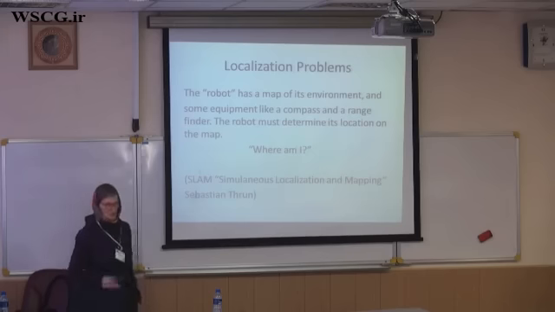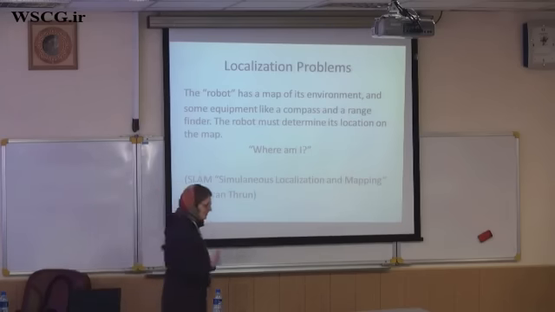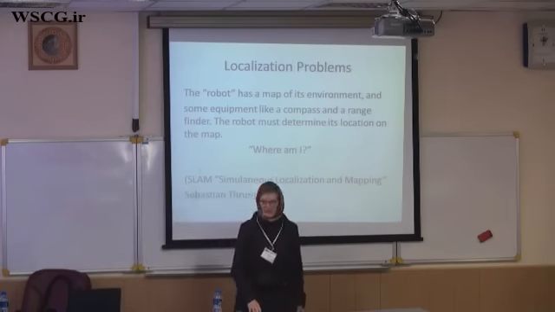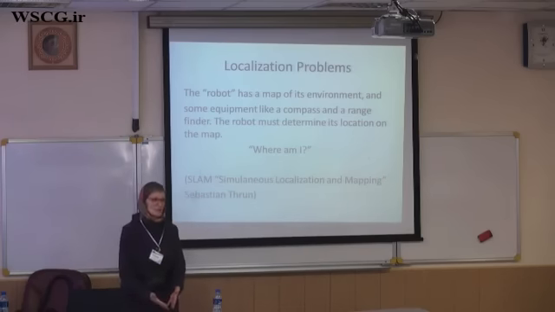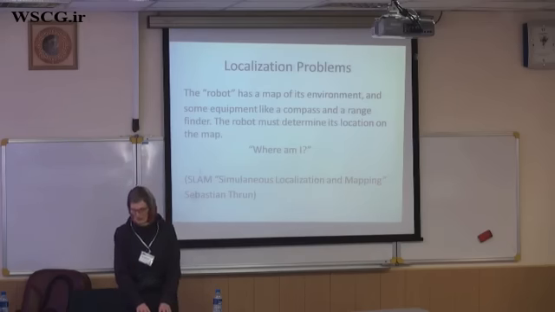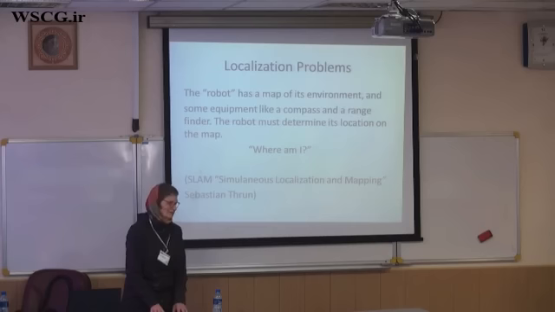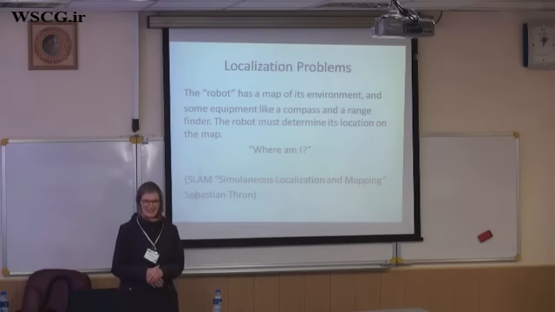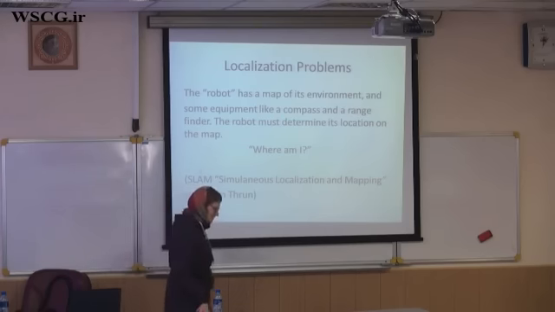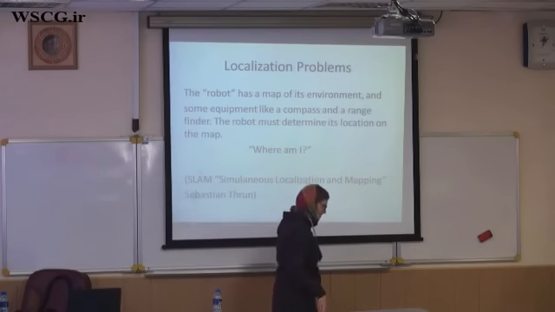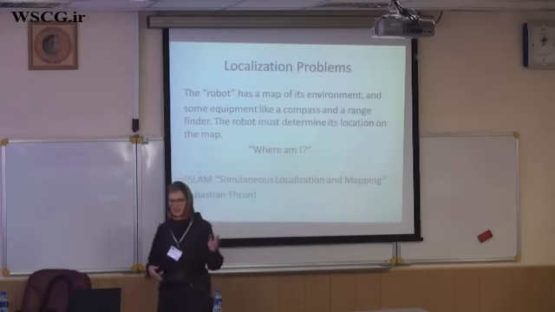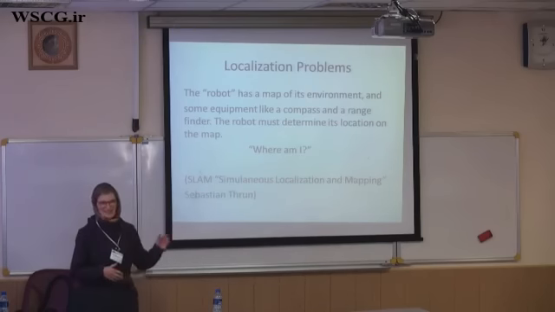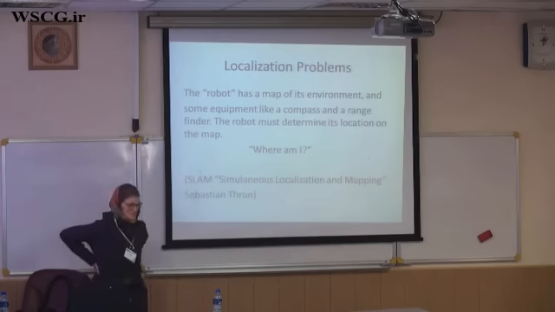I should just mention here that another very famous problem, or solution perhaps, is called SLAM. That's simultaneous localization and mapping, which was made very famous by Sebastian Thrun, the AI guy who led the team that won the challenge of having an autonomous car that drove from Los Angeles to Las Vegas through the desert and somehow managed to get there.